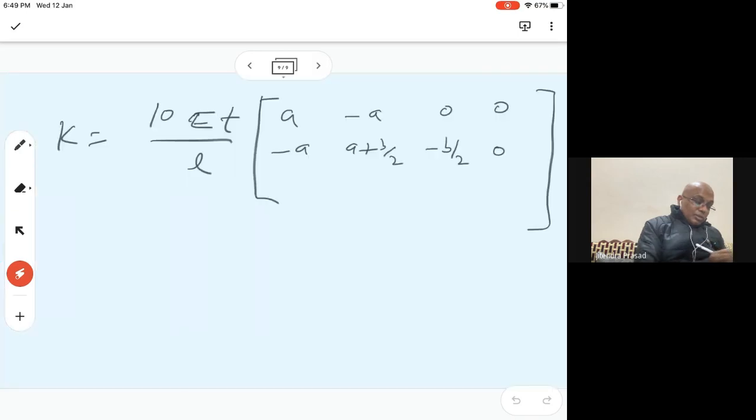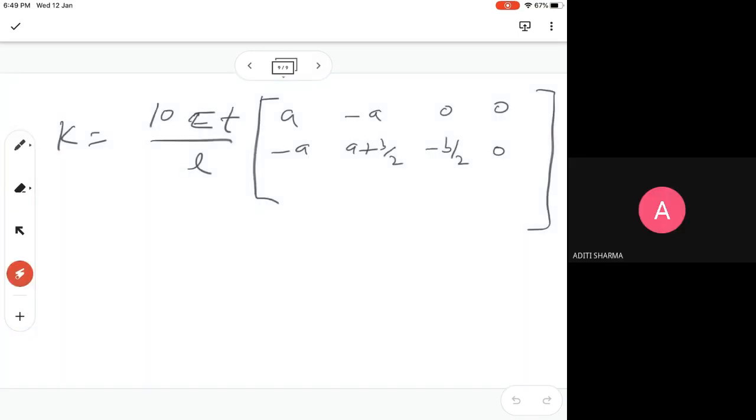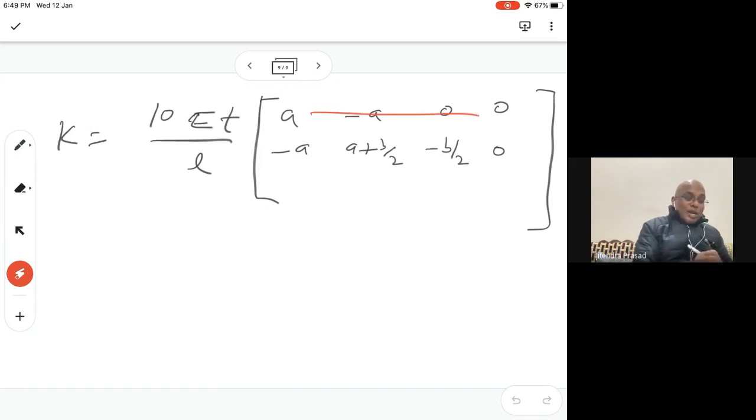So we can also, it's symmetric, so you don't have to look at that. You can also write symmetric. So it becomes minus A, 0.